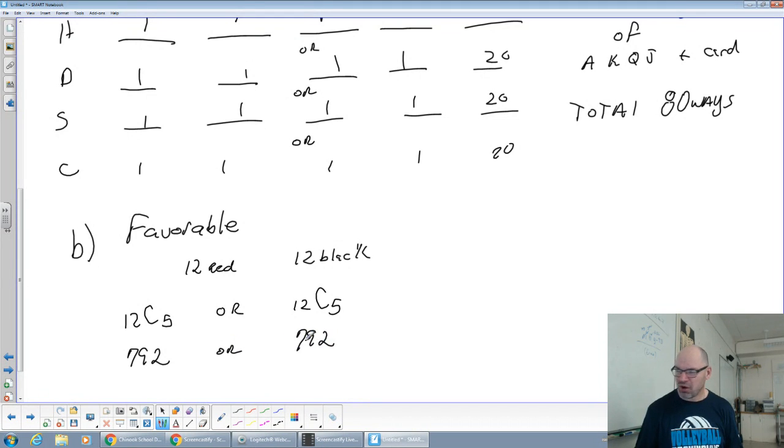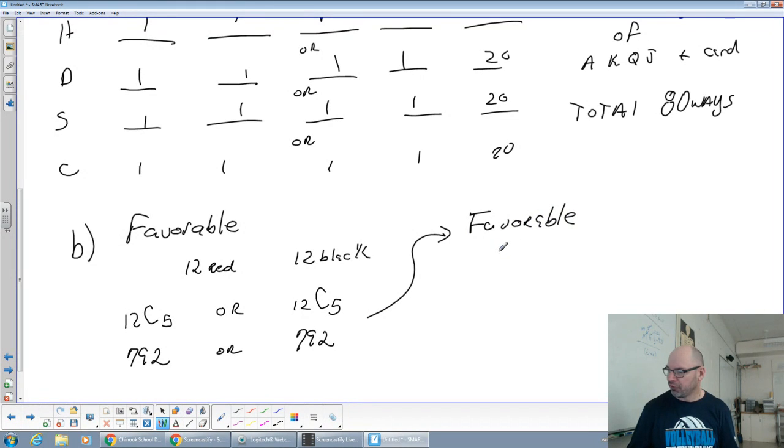Okay, if we're doing the OR, do you multiply or add? You add them because you can't have all red cards and all black cards, but you can have all red cards or all black cards. So we add them because they're OR. So 792 plus 792 is 1584. So our favorable equals 1584.